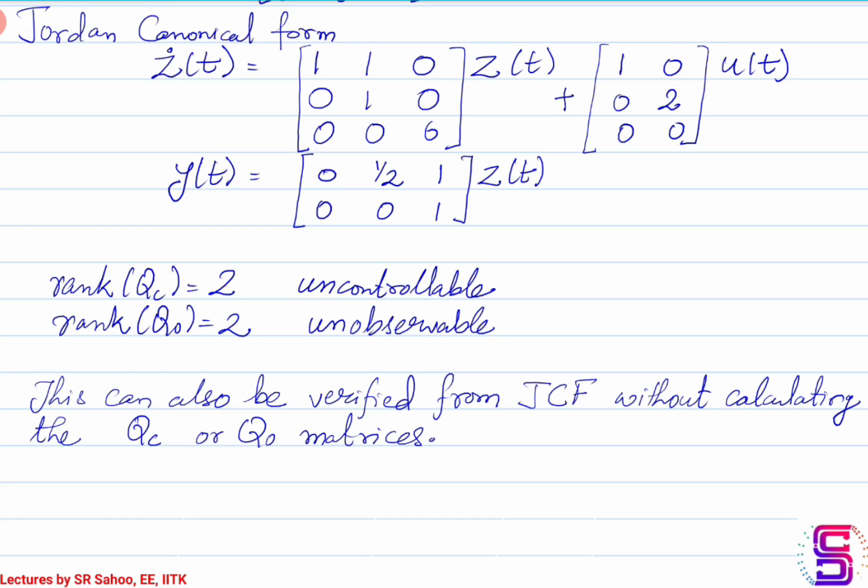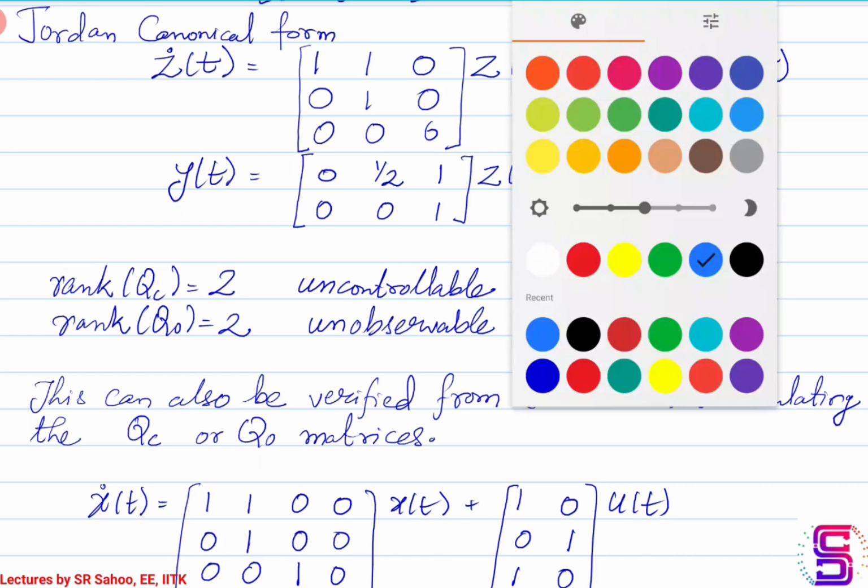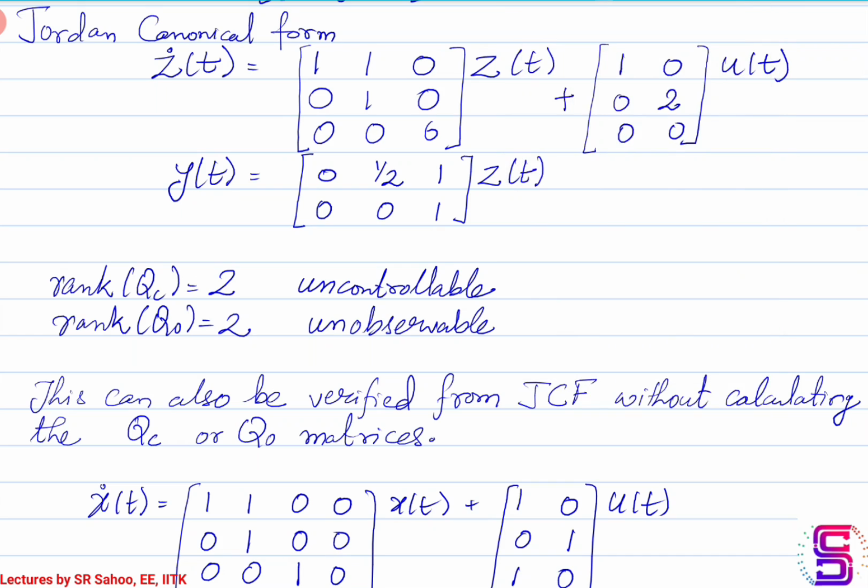Now, I can divide it like this. So this is the Jordan block for eigenvalue 1, and this is the Jordan block for eigenvalue 6.